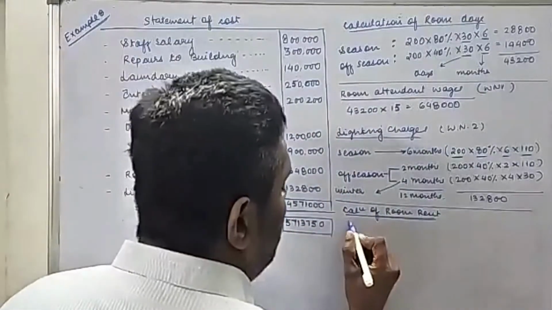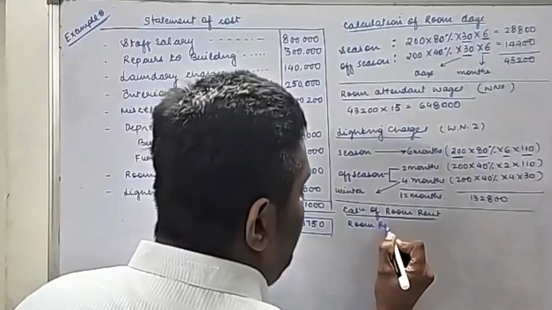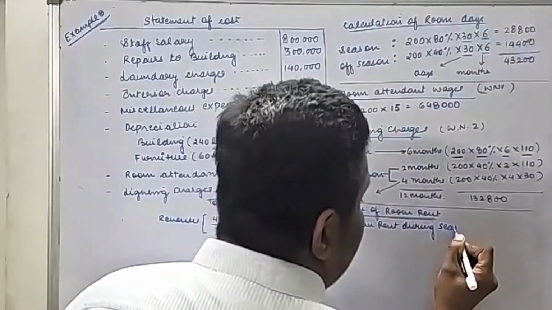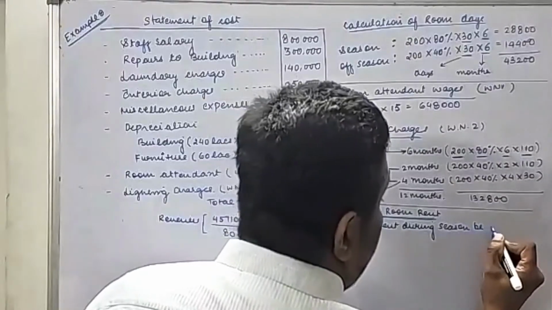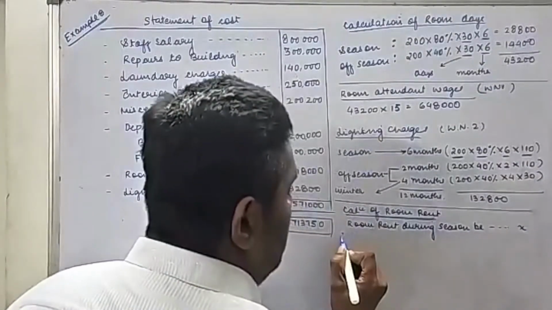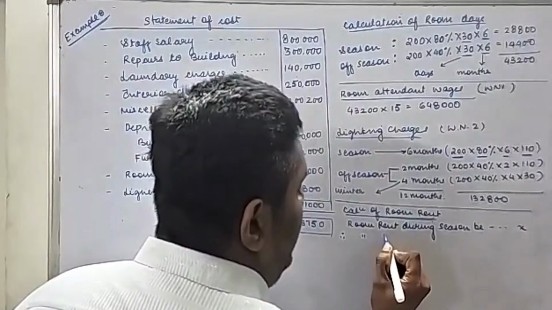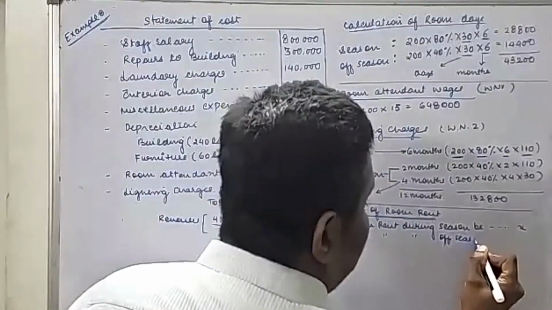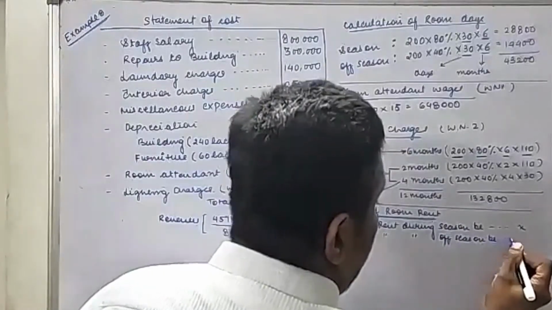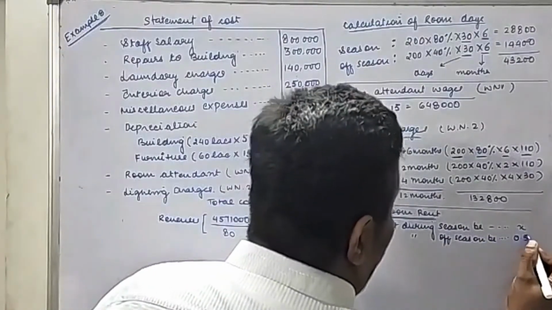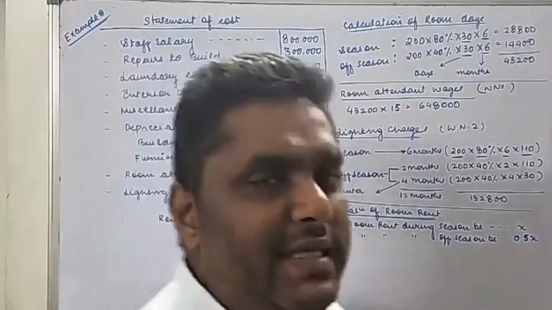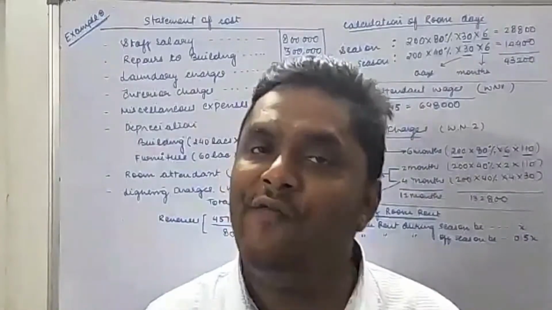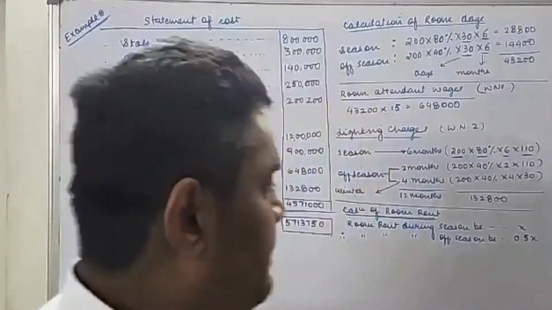So let's say the room rent during the season be X. Therefore, the room rent during the off season will be 0.5X. If during the season the room rent is X, in the off season the room rent will be half of the season rent, that is 0.5X.